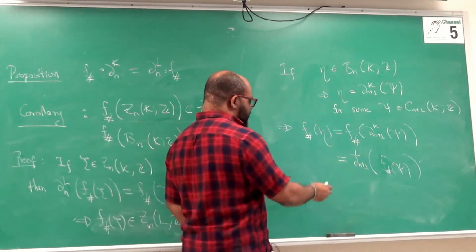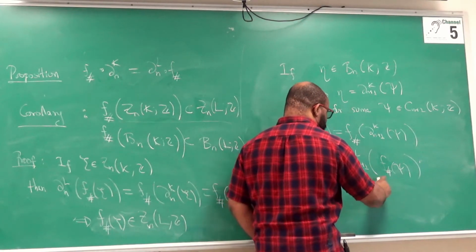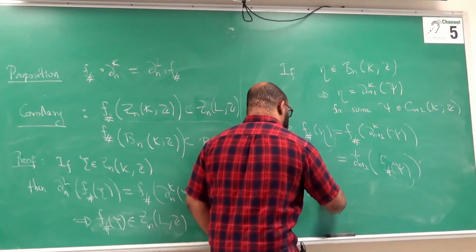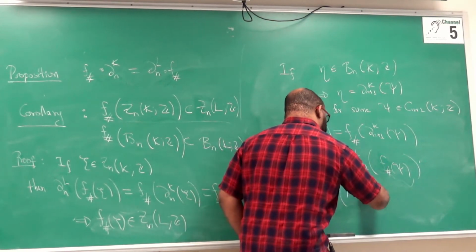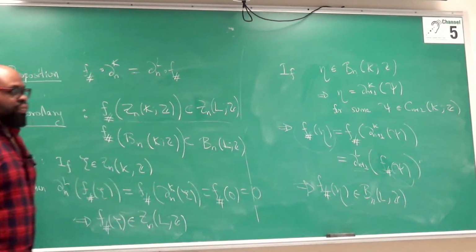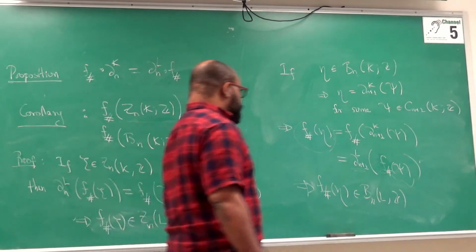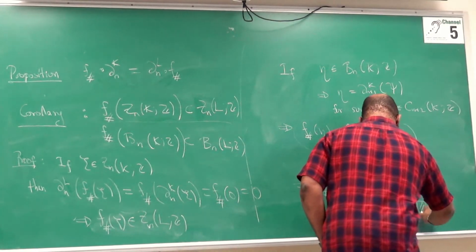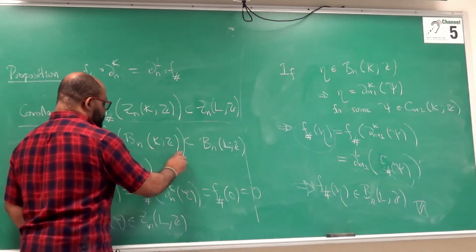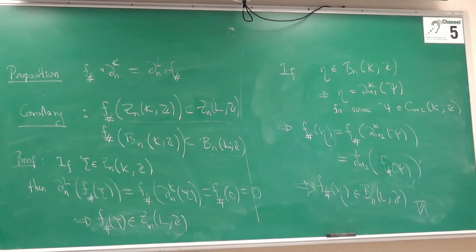And I've shown that F sharp of eta is delta n plus 1 of something. So that shows that F sharp of eta is a boundary, but now in L. Right? So it sends boundaries in K to boundaries in L.